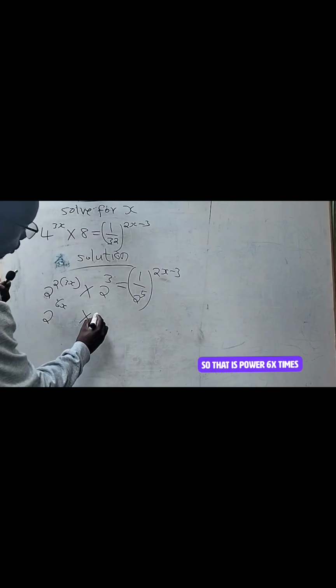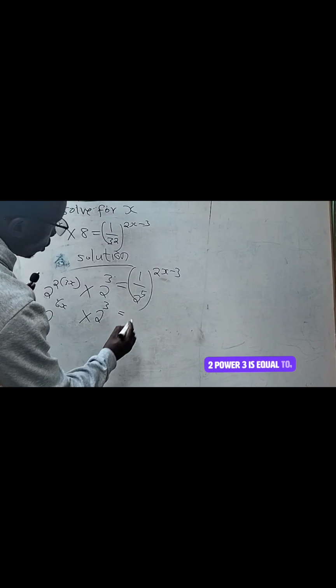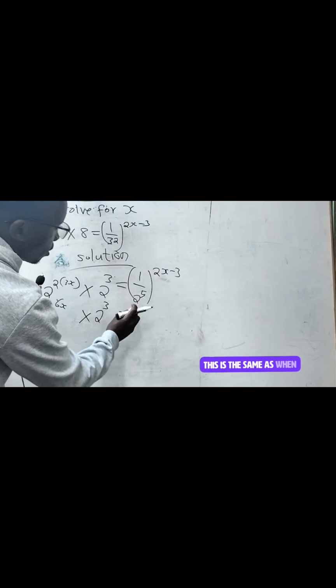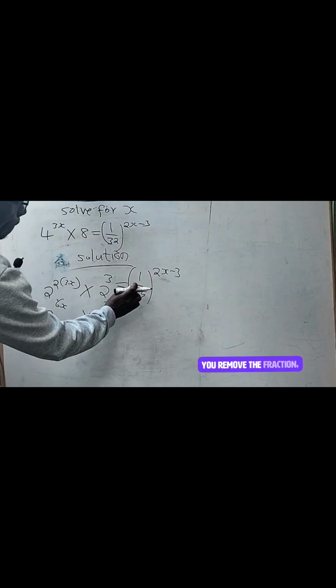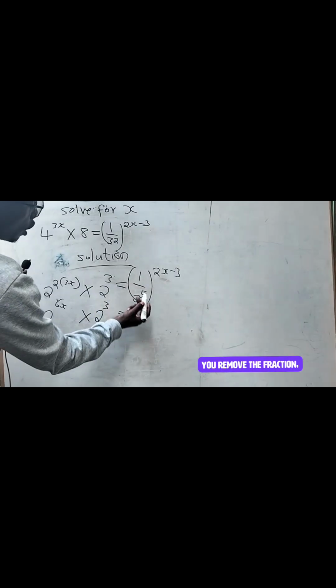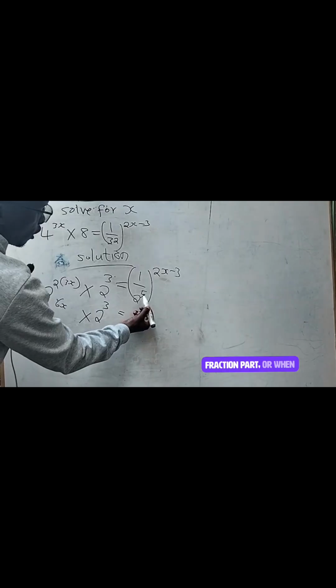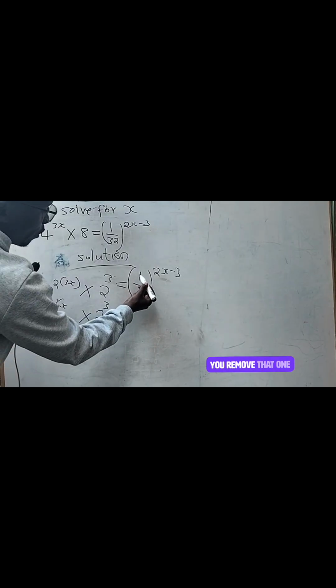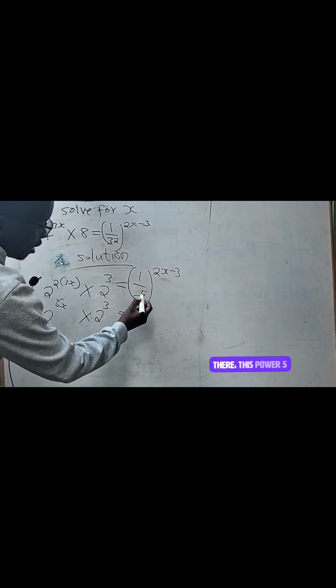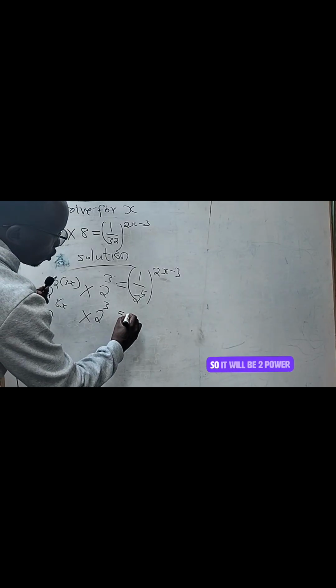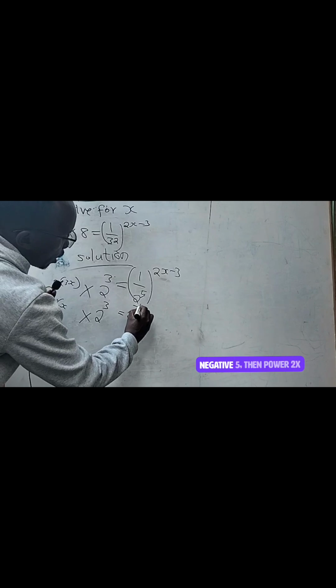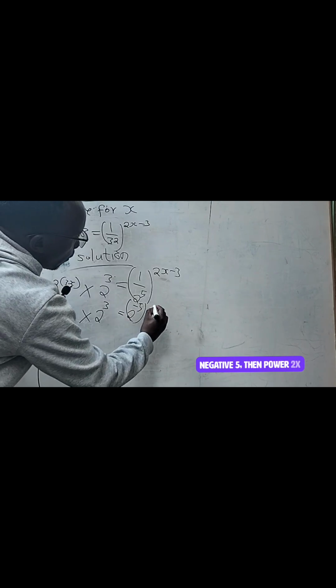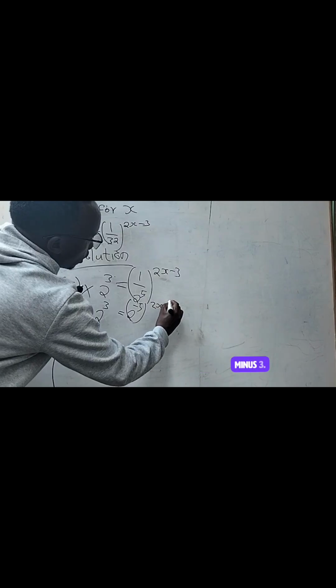Times 2 power 3 is equal to, this is the same as when you remove the fraction, this power 5 becomes negative, so it will be 2 power negative 5, then power 2x minus 3.